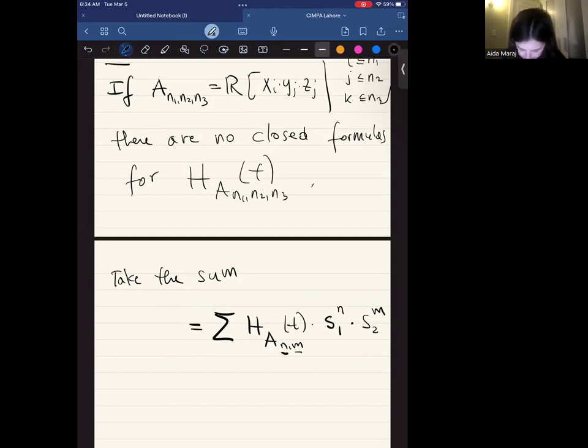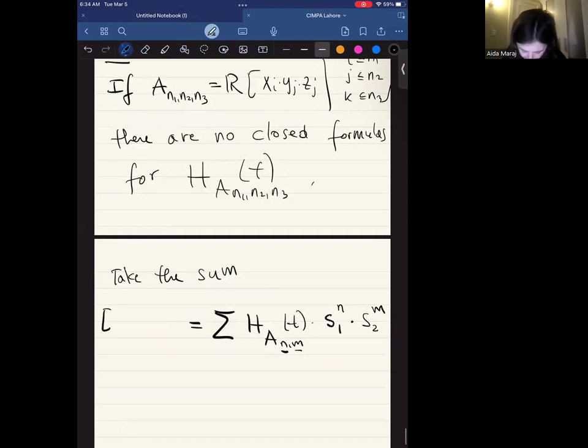I'm going to call it EH of all these A, N, M, and this has T, S1, S2.